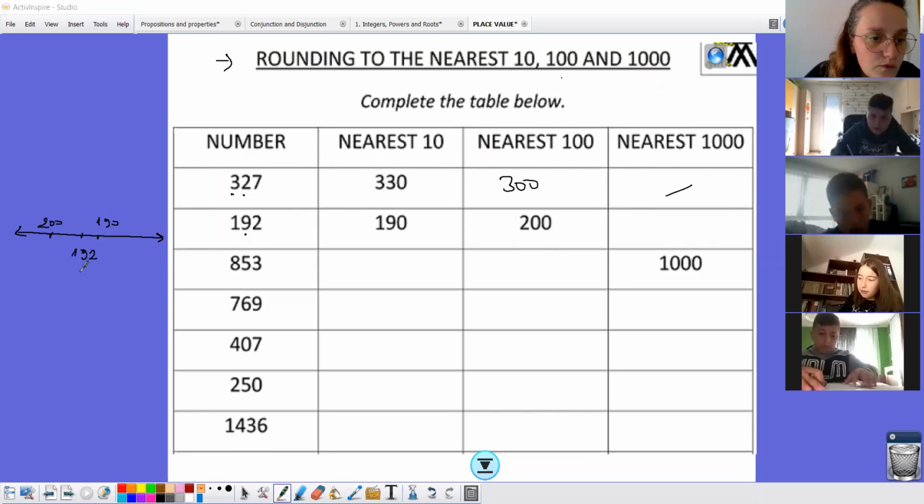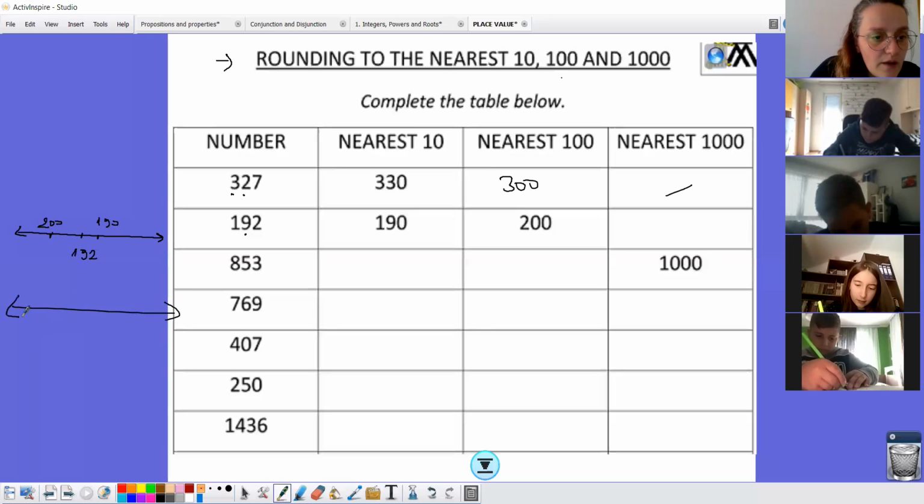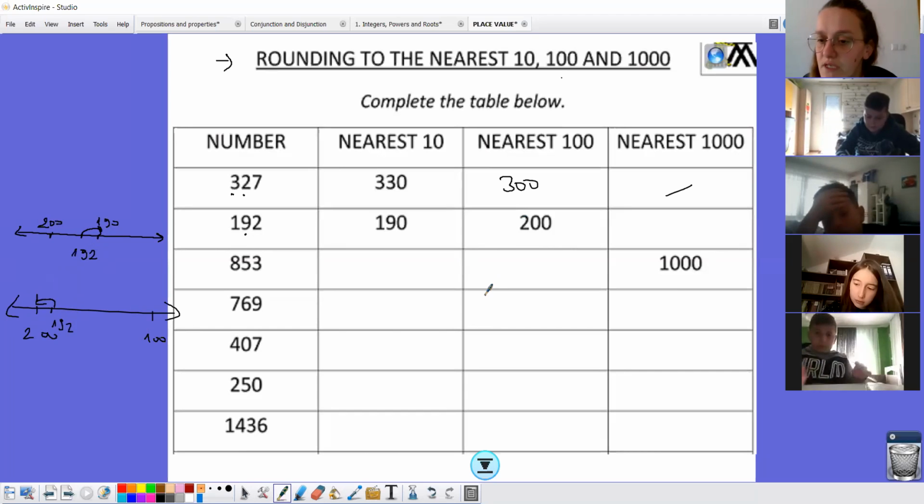Here, when we are rounding to the nearest tens, I am checking it's nearer to 190. But when we are rounding to the nearest hundreds, I will write it in this way. It's between 100 and 200, but it is somewhere here. And as you see, it's nearer to 200 and it will round to 200.